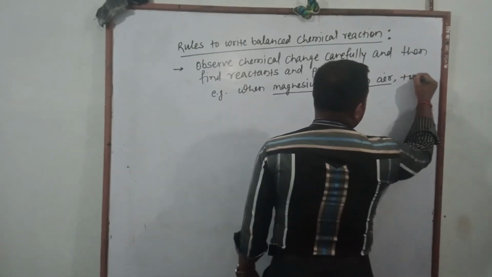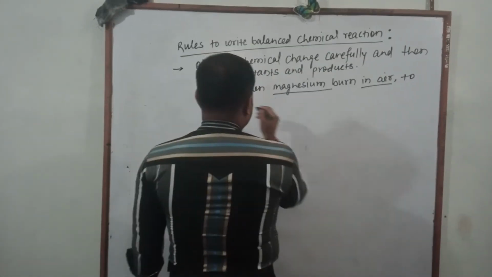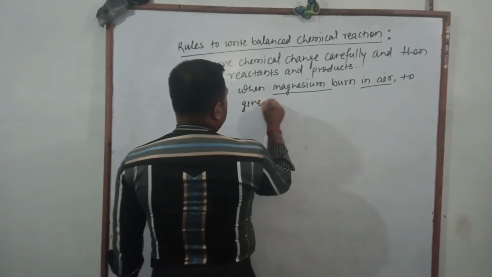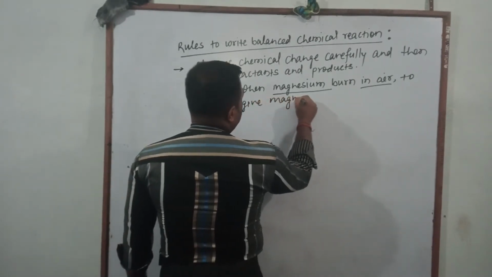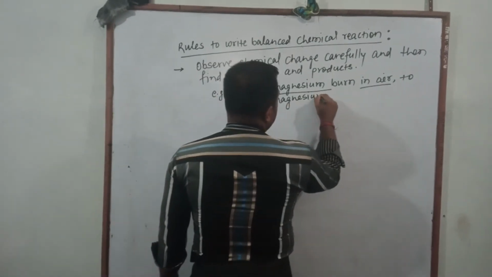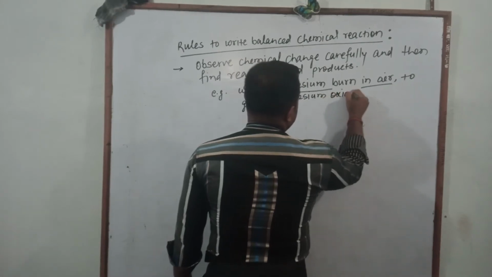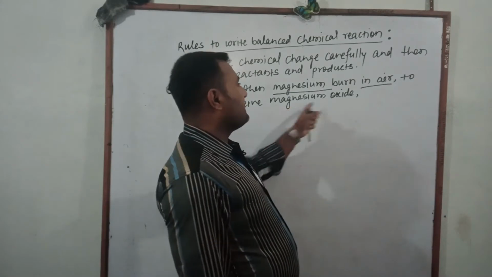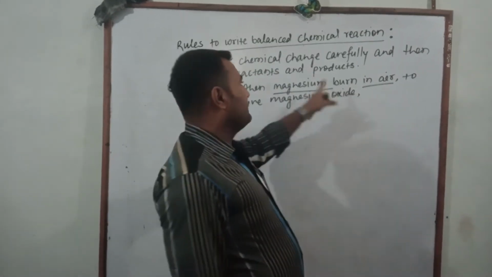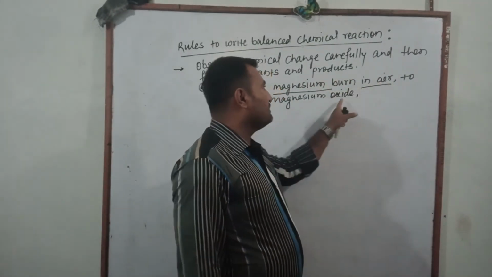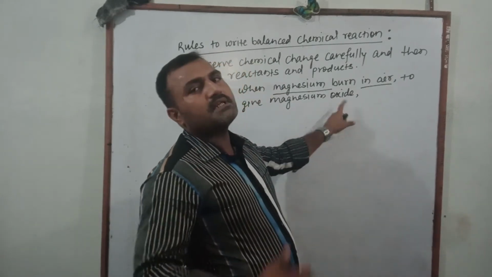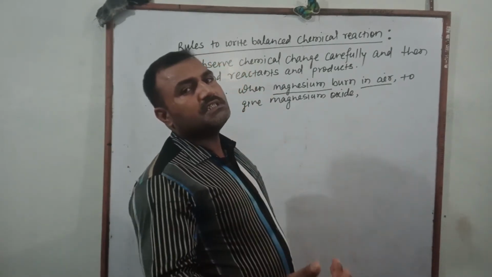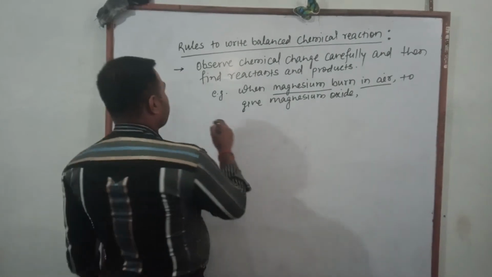And what does it give? It gives magnesium oxide. Why? Because in air, oxygen is the supporter of burning, which helps objects to burn. Therefore magnesium reacts with oxygen, and when a metal reacts with oxygen, it gives a metal oxide.